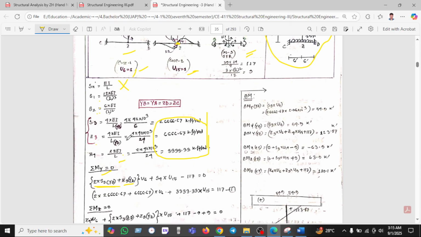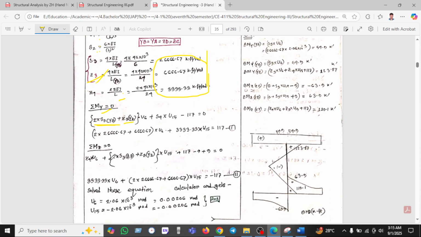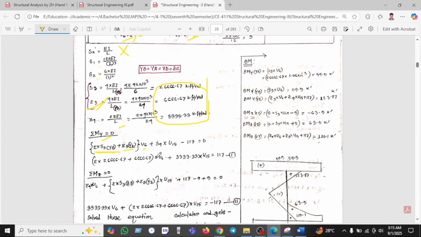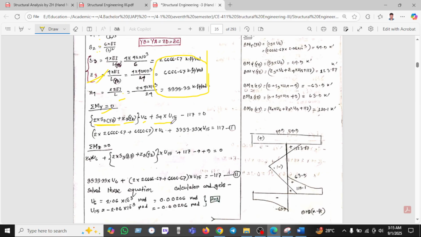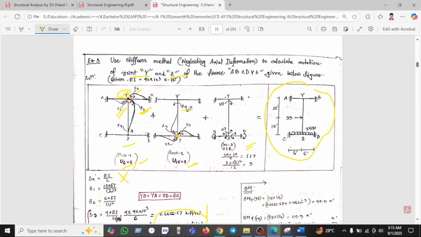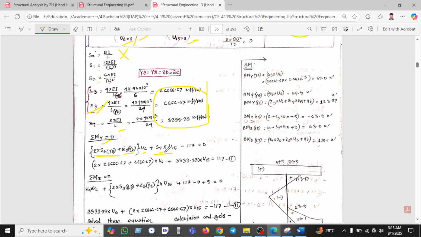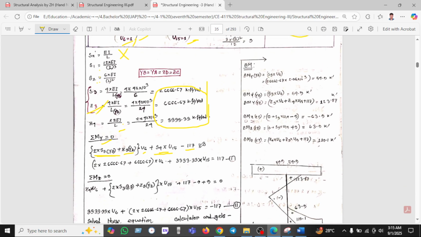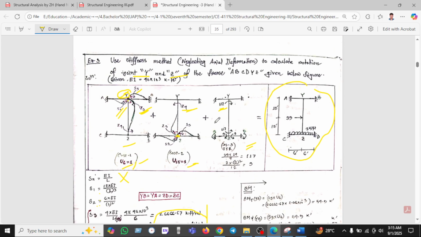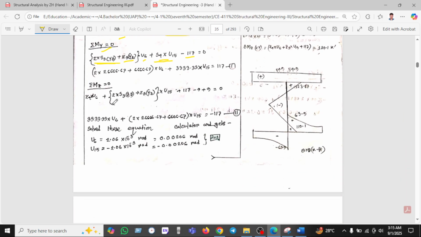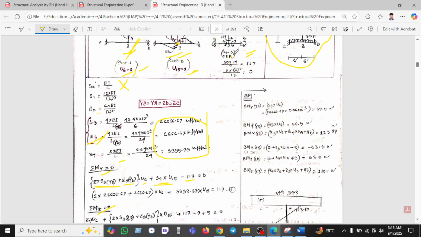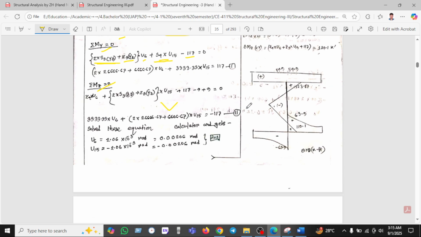We just changed the name to Z3. For U6, this is the U6, and another one U4, S4 into 1.5. This is the S4, Z4, you can say S4 into 1.5, and the fixed-end moment has been found as 117. And in the same way Z, Z means this point, and we are taking all these points and finding this value and moment.